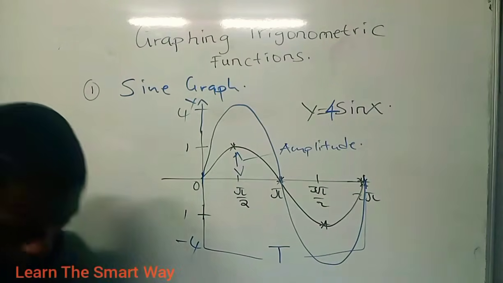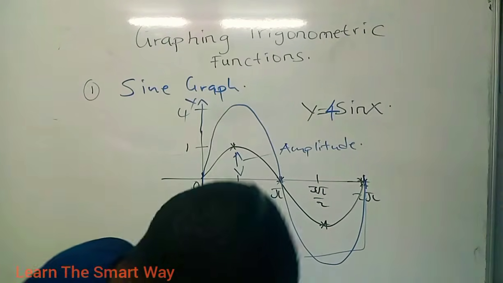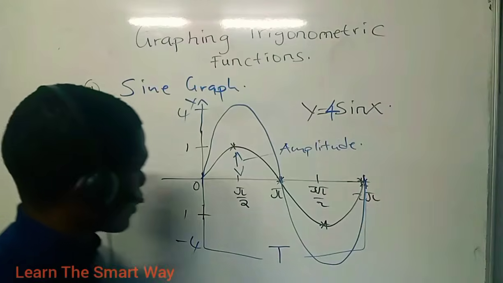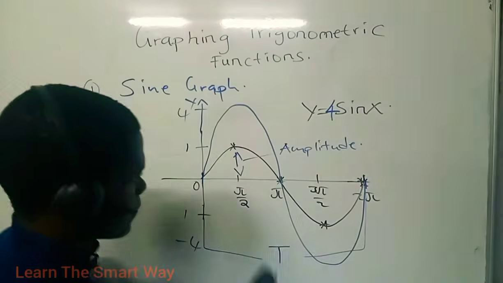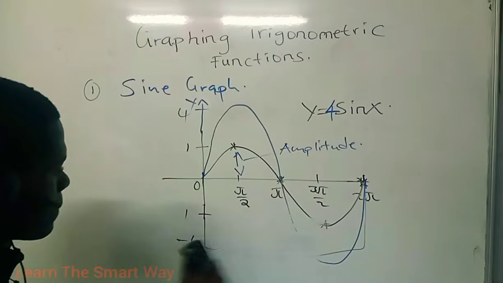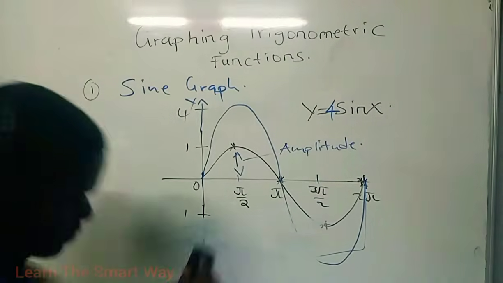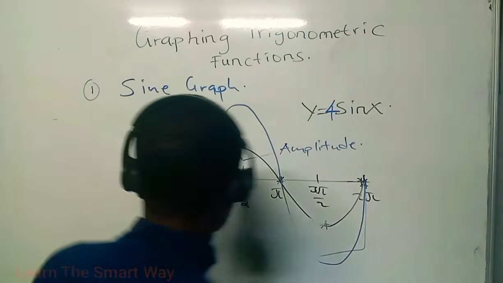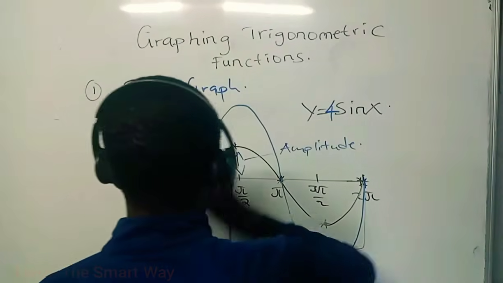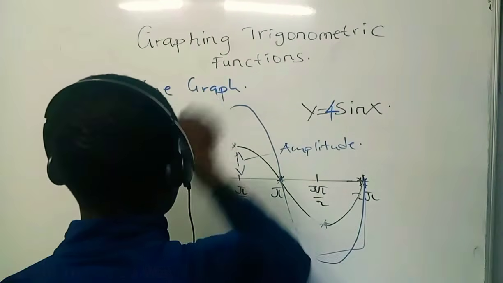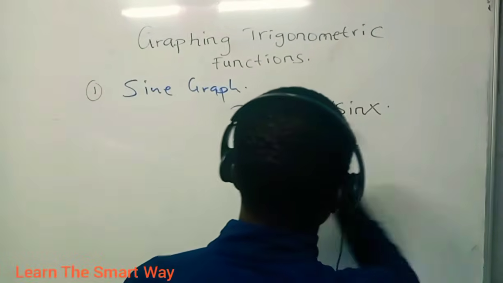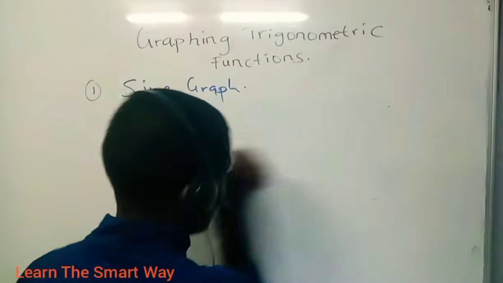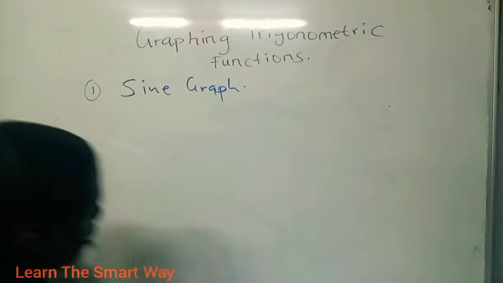Now that we've understood how it affects the graph, let's study the different properties that can also affect the graph. We've understood the basic function.